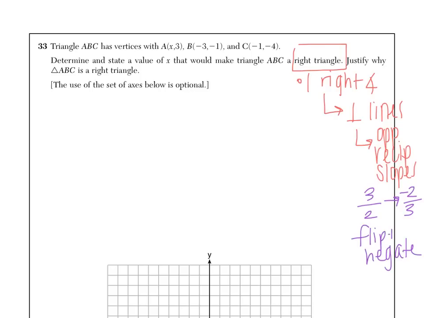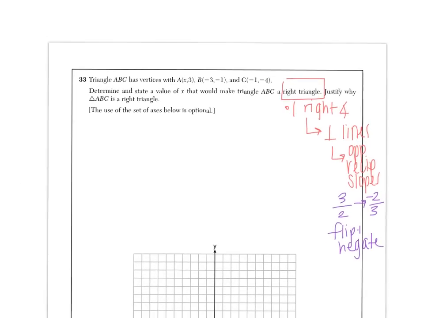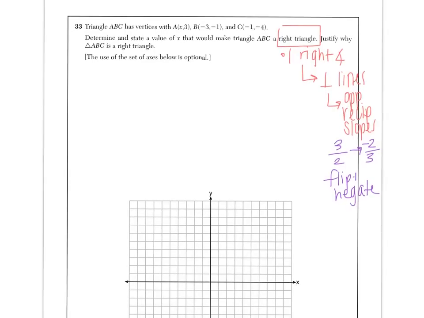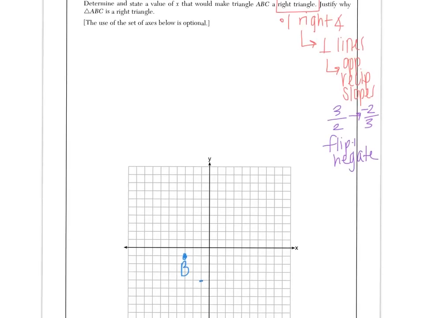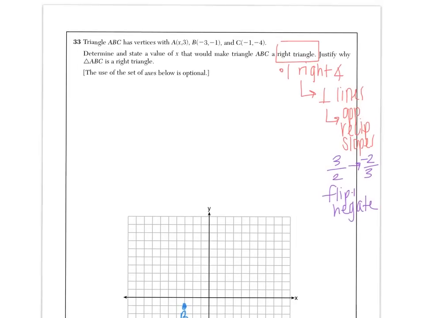So I'm going to take a second to plot points B and C on this graph, and you should do the same. Negative 3, negative 1 is point B, and negative 1, negative 4 is point C. Now because A lies on (x, 3), I'm going to make myself a line on which point A should lie.